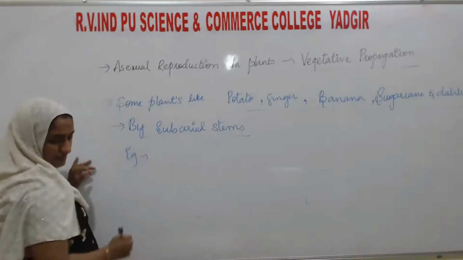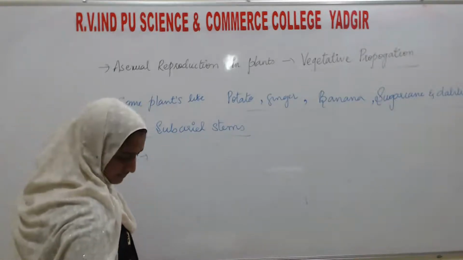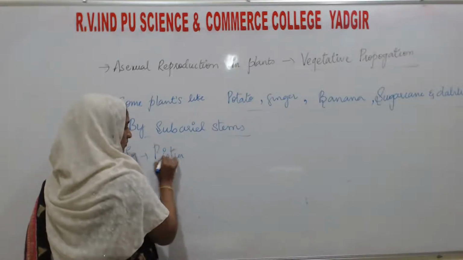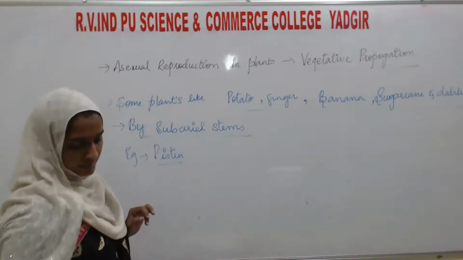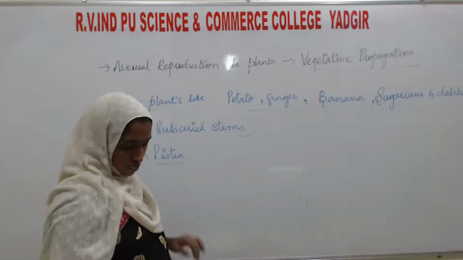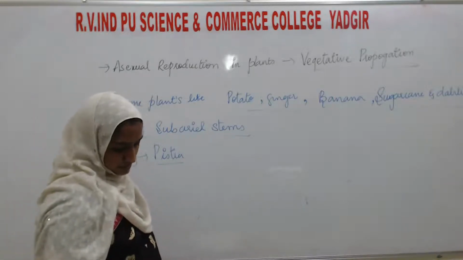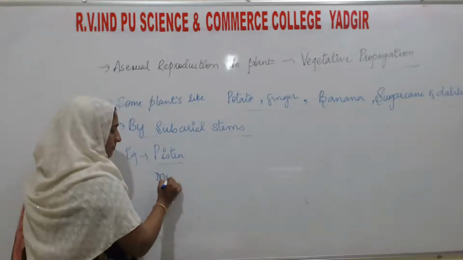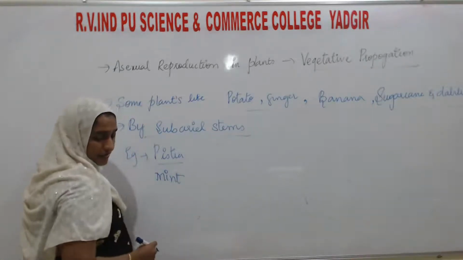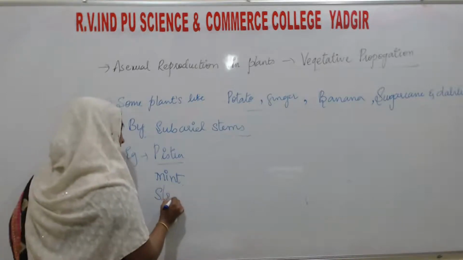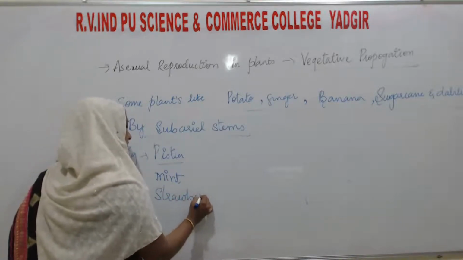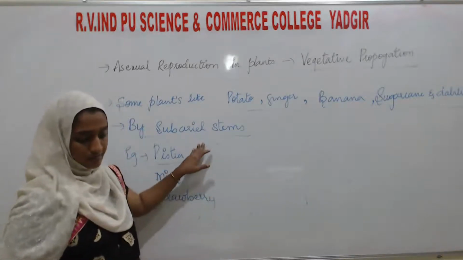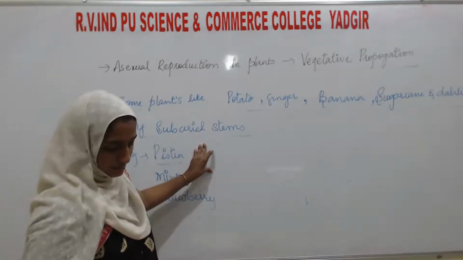Examples for this: pistia is one example. Here pistia is there, mint is there, mint leaves, strawberry is there, where the vegetative propagation will take place by the subaerial stems.